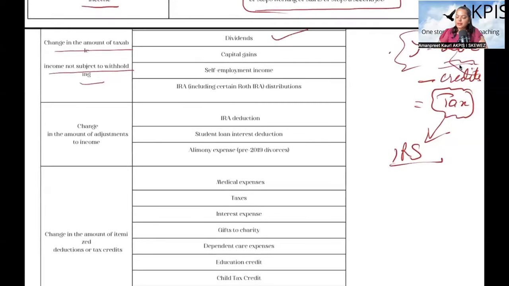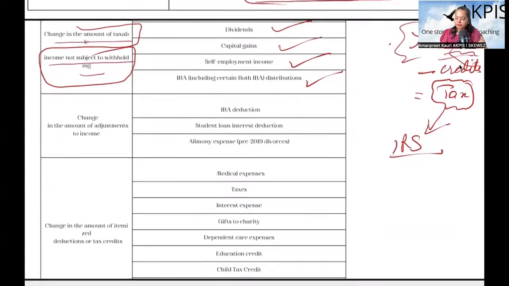Your dividends, for example, if you have invested in shares in a particular company; capital gains if you have sold your property; self-employment income if you are carrying out business operations; or any kind of distribution. If there has been any change in taxable income which is not subject to withholding tax, you are supposed to have every detail for the proper calculation of tax.